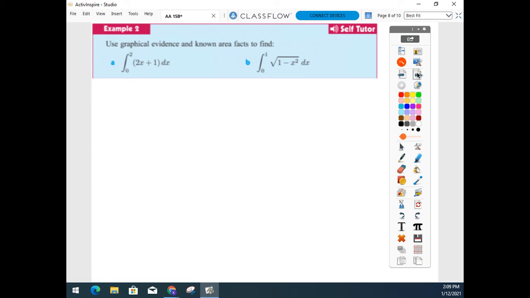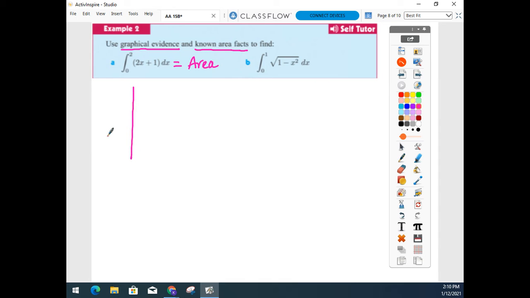All right. Number 2, I would say would be much more important. It says using graphical evidence and the known area to find the integral. Now remember, the integral equals the area between the curve and the x-axis if the curve is all above the x-axis.